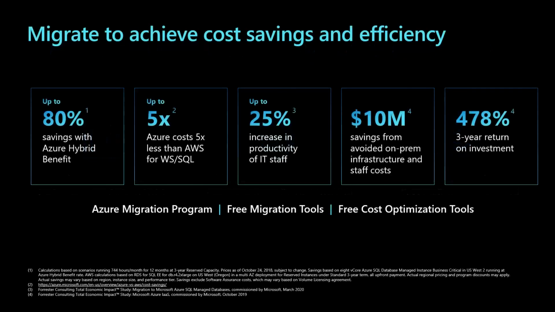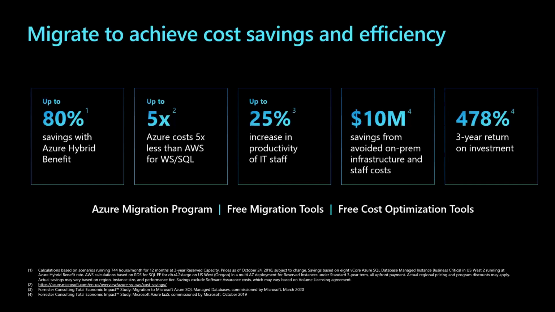Next, and this is, I think, one of the more important slides here, we're talking about saving money. So number one, you can save up to 80% using the Azure Hybrid Benefit. If any of you have Microsoft licensing agreements on your server operating systems that include Software Assurance, those Software Assurance benefits include an Azure Hybrid Benefit, which means that you can save up to 80% on Azure hosting fees.